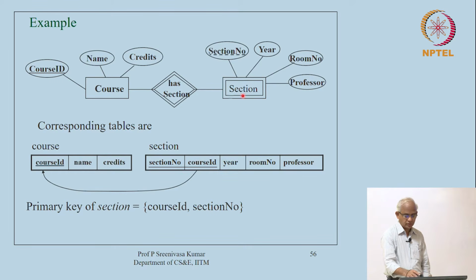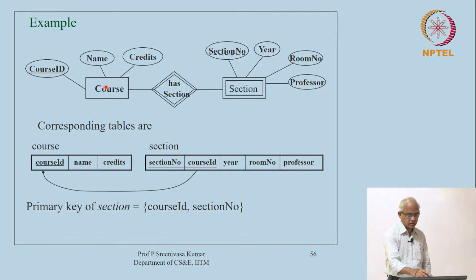Now, this is a weak entity and it is owned by a strong entity, and so all these attributes will come, but then the primary key of the owner entity also is added as an attribute.